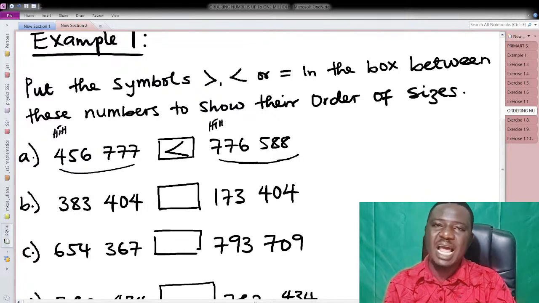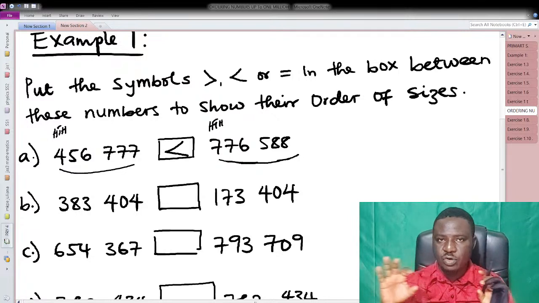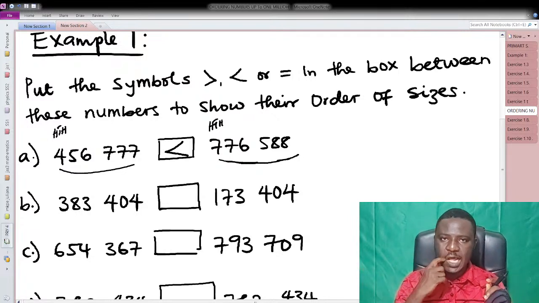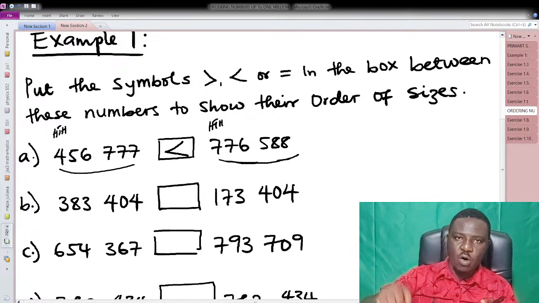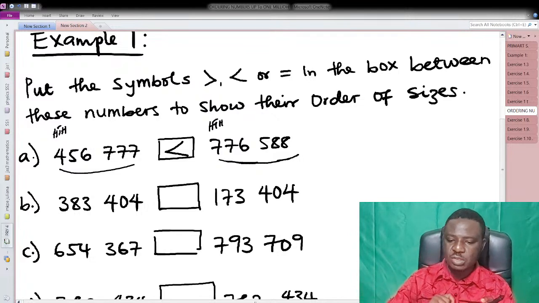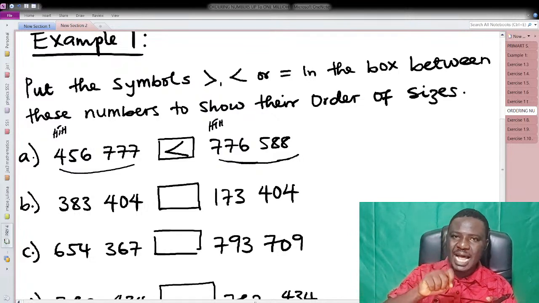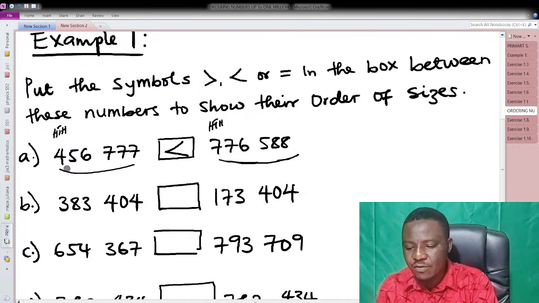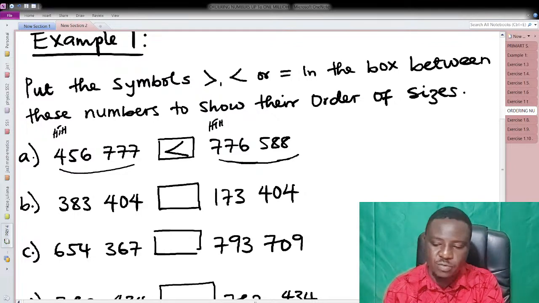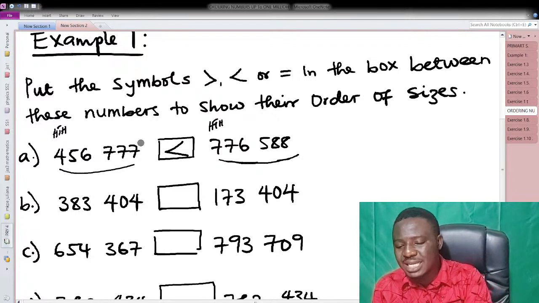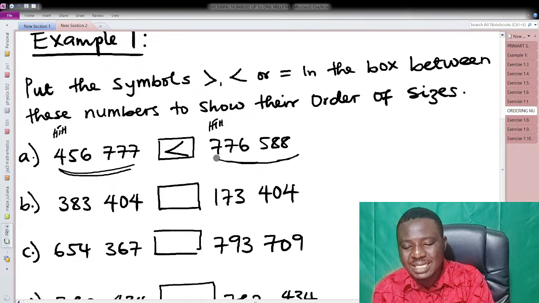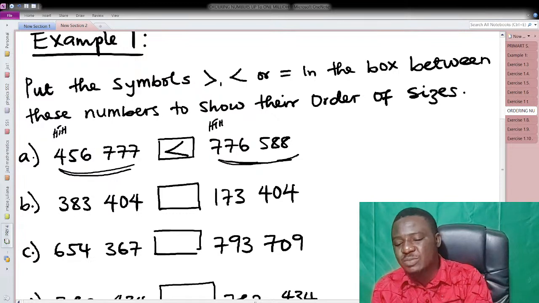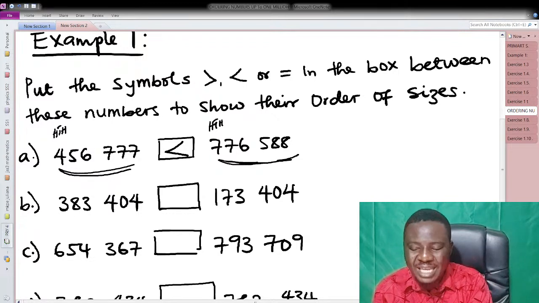That shows you that they are both in the range of hundreds of thousands, but look at the actual value of that hundreds of thousands. The one that has the highest value is said to be greater. So 7 is greater than 4. That means 4 is less than 7. So it automatically means that whatever we have here is always less than what you have here, irrespective of the number that comes after it.